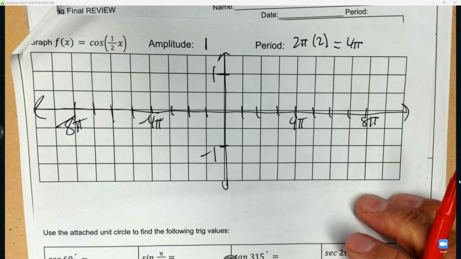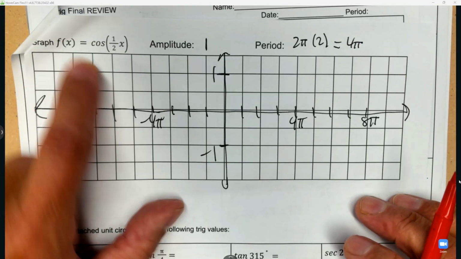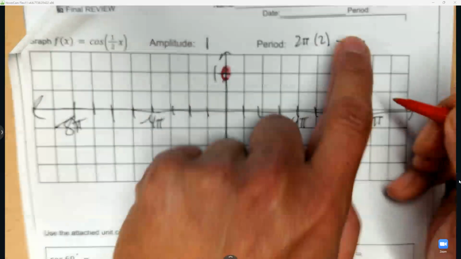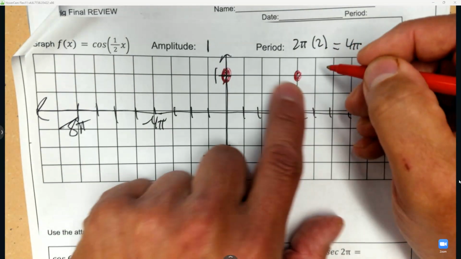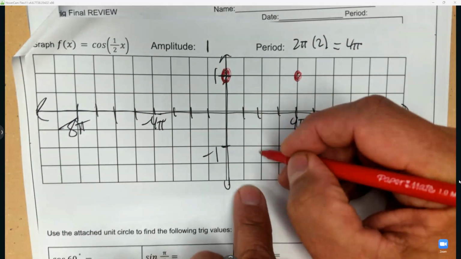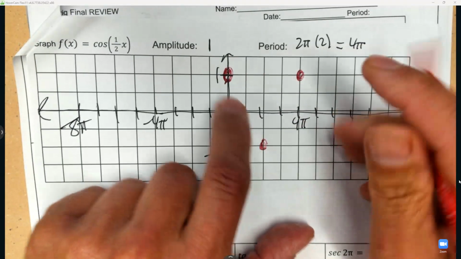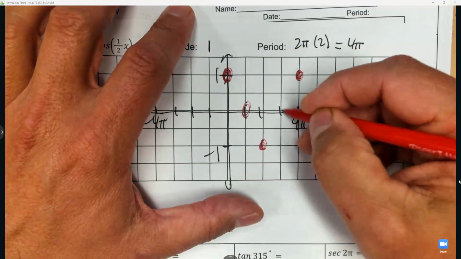Cosine starts at the top of the wave. If cosine was negative in front, they would start at the bottom of the wave. So this starts at the top of the wave. I know at 4 pi is going to be the end of one cycle, and then in the middle here is going to be at the bottom of the wave. So for cosine, we have a top, and a bottom, and then we fill in the middle part of the wave.